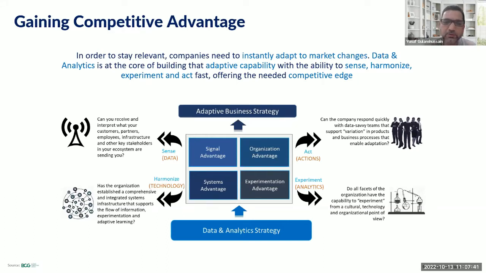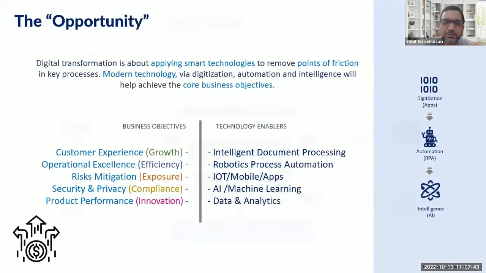So let's now understand, what is this transformation? What is digital transformation that we keep hearing about? In simple terms, it's about applying smart technology to remove points of friction. So essentially, what we are talking about is, how do we take every single business process and make it smarter and intelligent using data, right? So a combination of digitization.